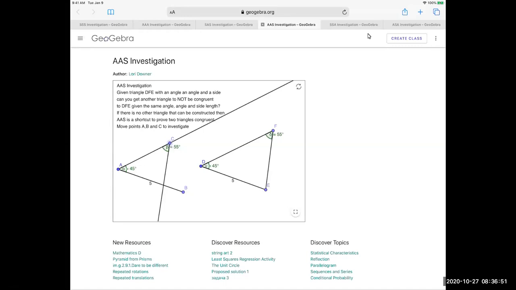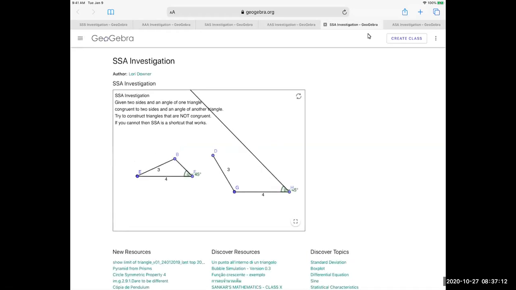The way you have it right now would not be using the length of 5, so it's no longer AAS. So good point, good point. So is this always going to be true? Yeah, because I can't get another triangle. So this is a legit shortcut. Angle, angle, side works.